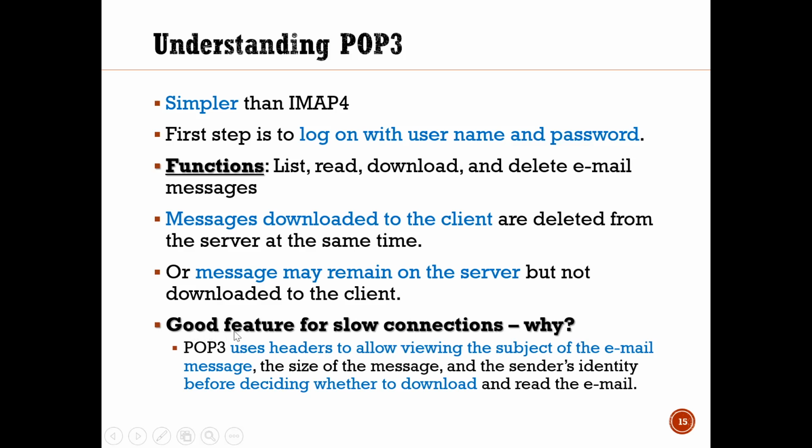Again, there is another feature of POP3, unlike IMAP4 that we will see later: POP is a good choice for a slow connection. Why is that? Because POP3 uses what we call headers to allow viewing only the subject and title of the email, without the need to download the full message.